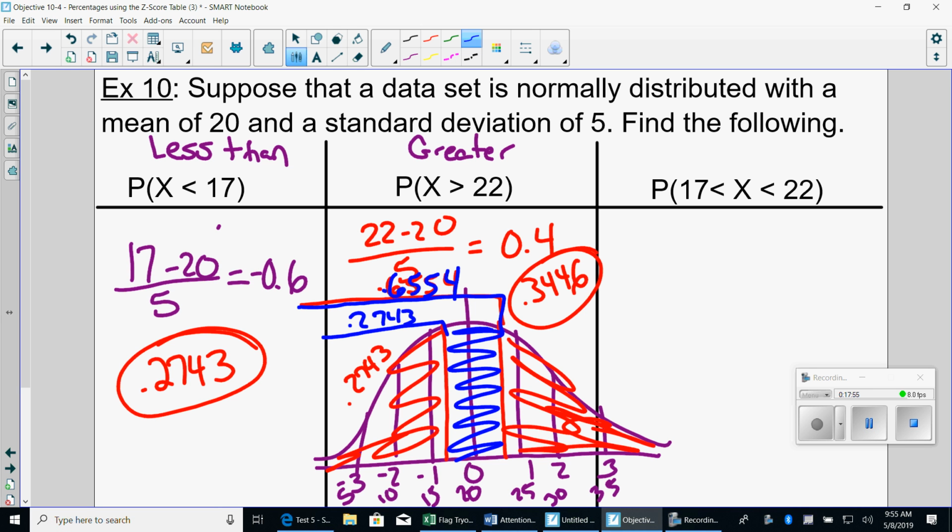Subtract those two. The 0.3446 is on this side, greater than. I'm using the less than. So you need to subtract 0.6554 and 0.2743.